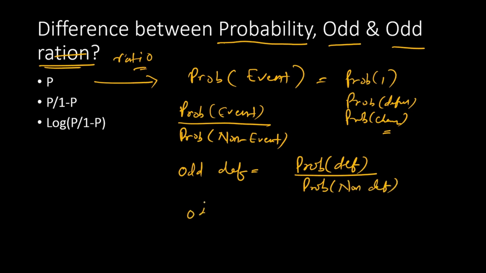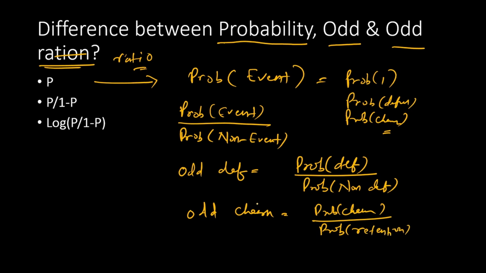Similarly, in the case of churn, the odd of churn is the probability of churn divided by the probability of not churn, or you can say retention. So mathematically we define odd as the probability divided by 1 minus probability.